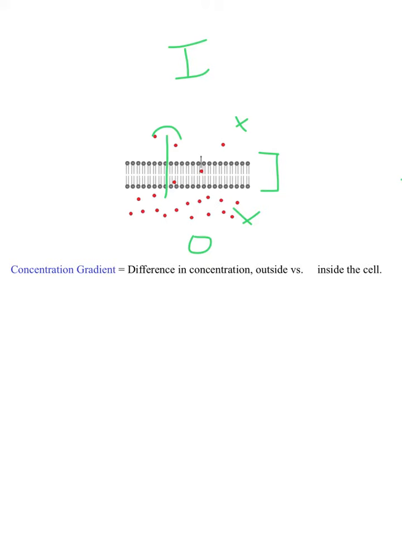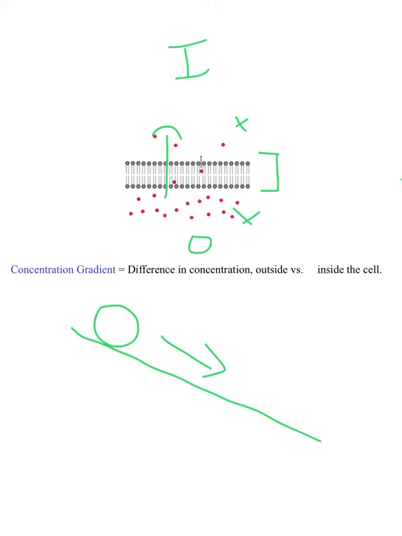Now, when we think of gradient, you might think of things like a slope. There's an easy way to remember this. If we were to have a basketball sitting on a ramp and you left that basketball unsupported, obviously it's going to roll downhill. You wouldn't have to push it. You wouldn't have to kick it. You wouldn't have to do anything to it. And this is a lot like what happens in diffusion.